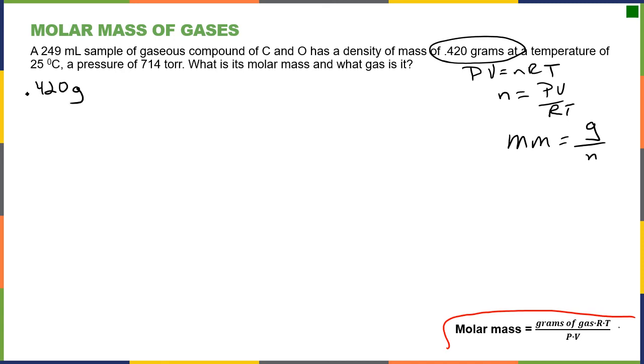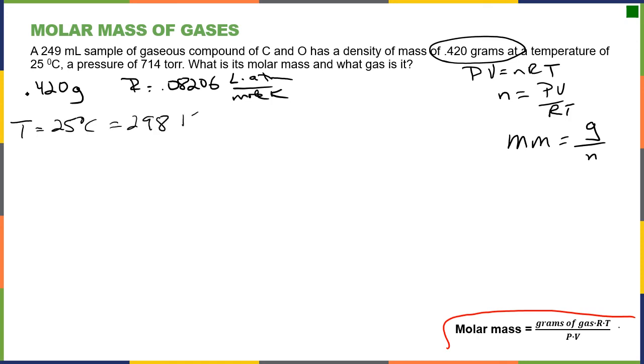0.420 grams. We need the R value. R is 0.08206 liters atmospheres per mole K. We need a temperature. Temperature here is 25 degrees Celsius. We know we need our temperature in Kelvin, so that's 298 Kelvin. We're going to need a pressure.